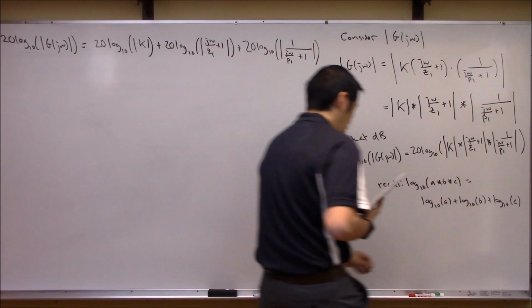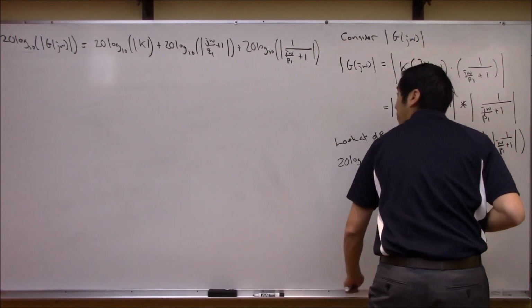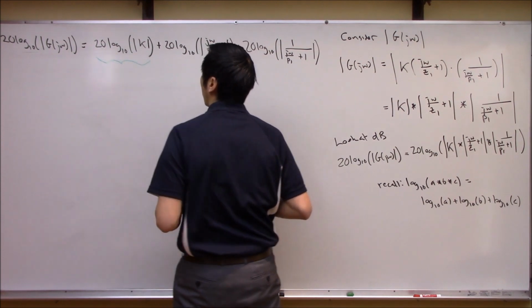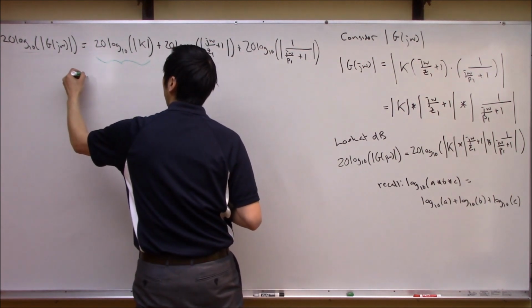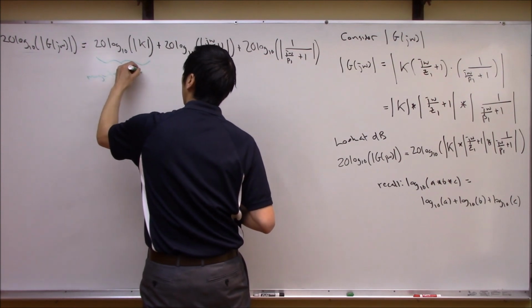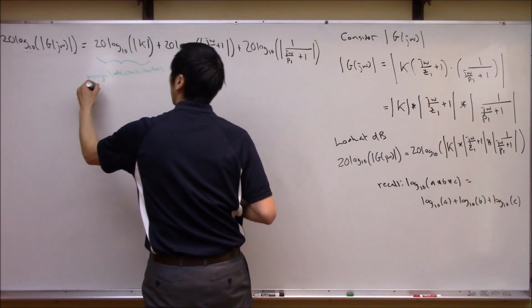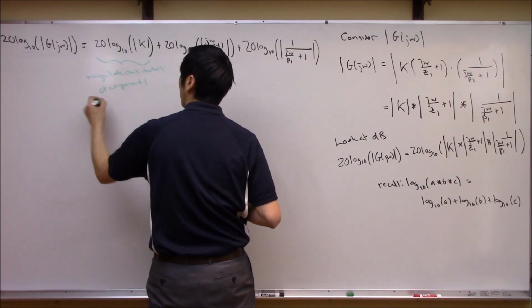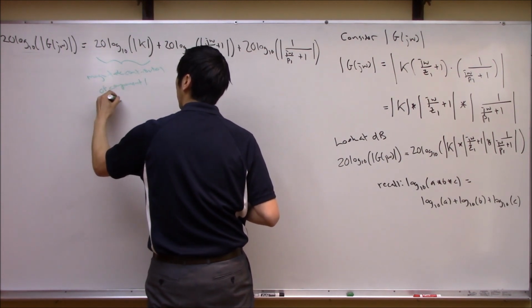Right? So if you look at this, let me maybe pick another color in green here. This is basically the magnitude contribution of component 1, right? Which we said was our constant gain.